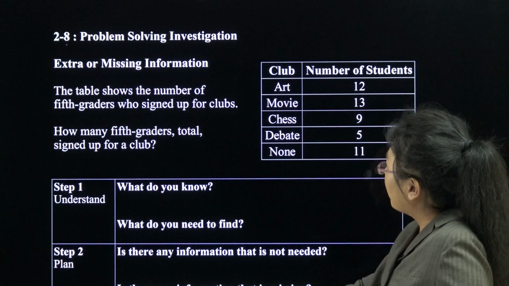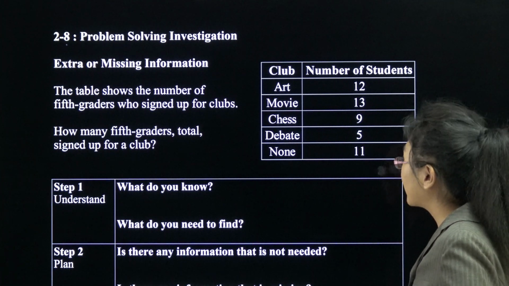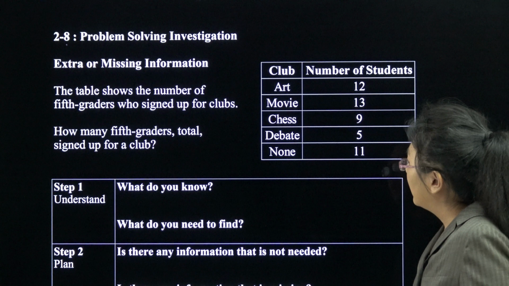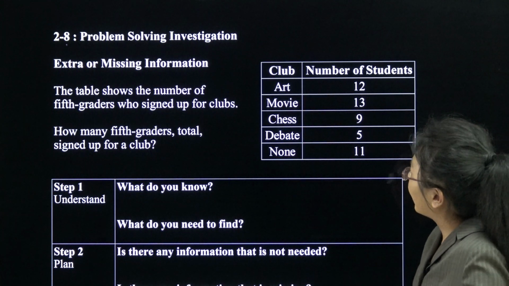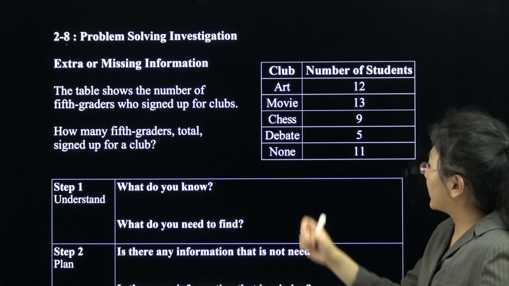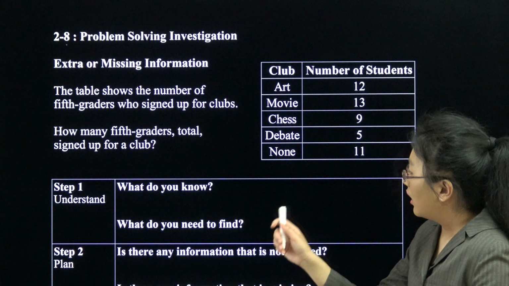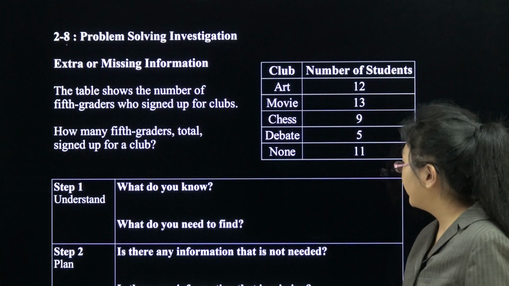The table shows the number of 5th graders who signed up for clubs. How many 5th graders total signed up for a club? So what do we know? Well, we know the number of 5th graders that signed up for clubs. And we're going to assume that these are the only clubs. What do we need to find? The number of 5th graders total that signed up for a club.